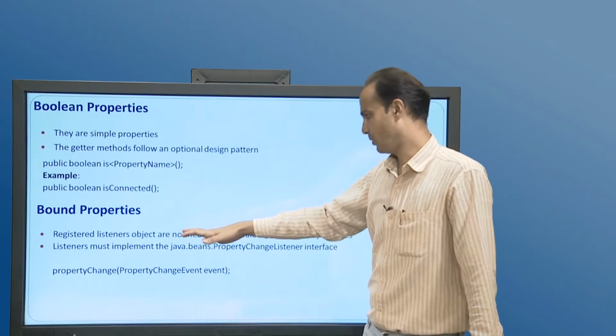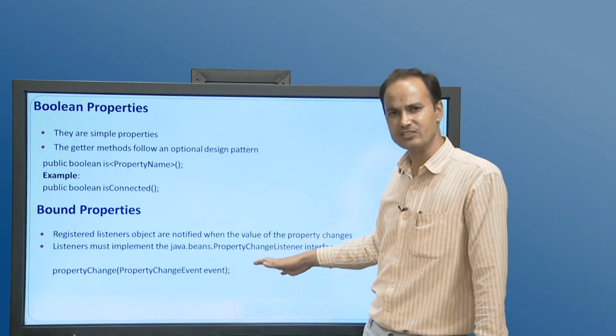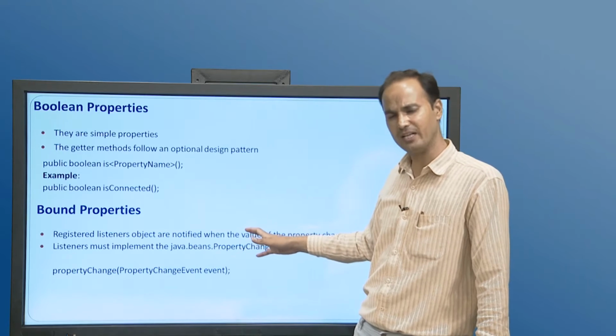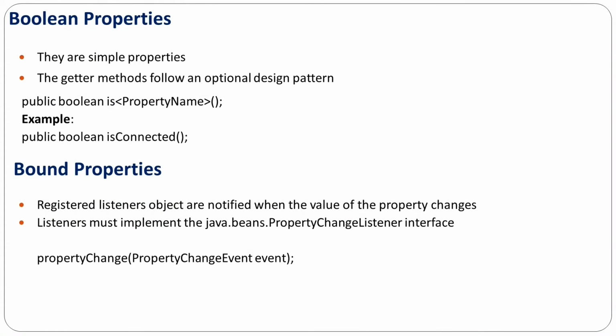The propertyChange method requires a PropertyChangeEvent instance in terms of event, or any other instance you can specify. So bound property is all about registration of listeners with the event source. Once the event is triggered, it will be notified to the registered listeners and the listeners will handle the event. So this is all about binding the property.